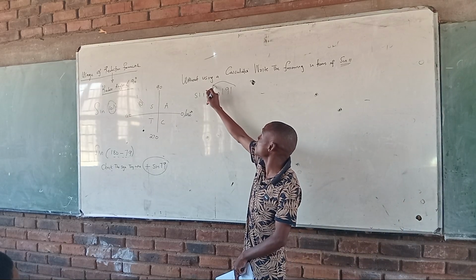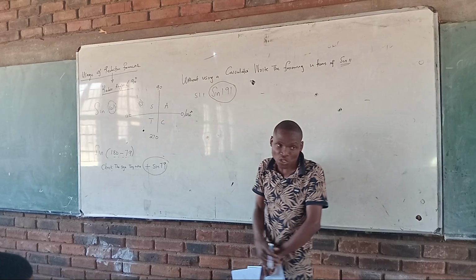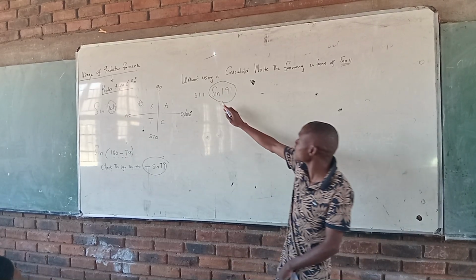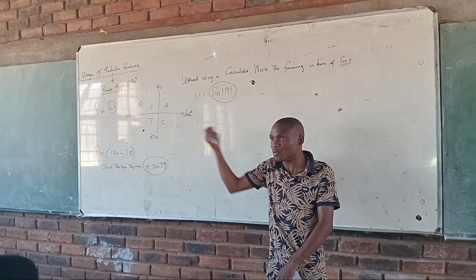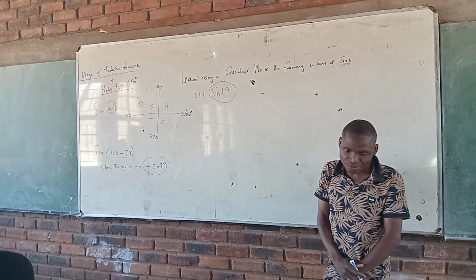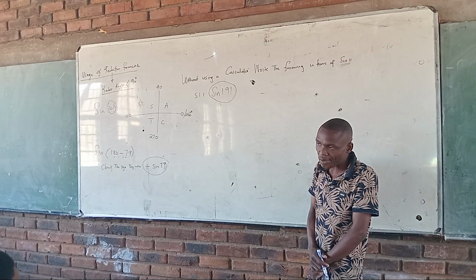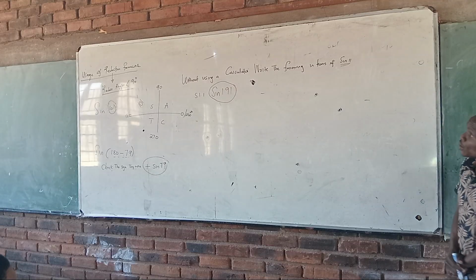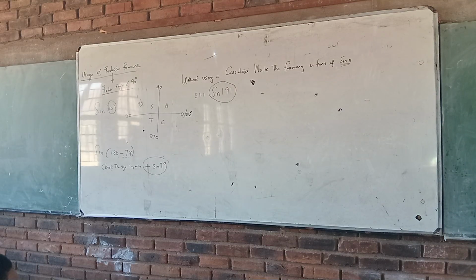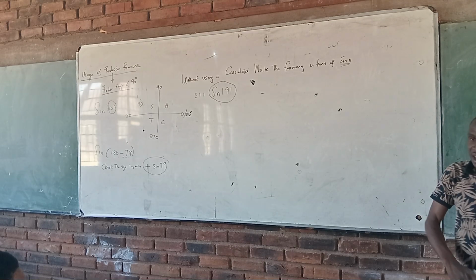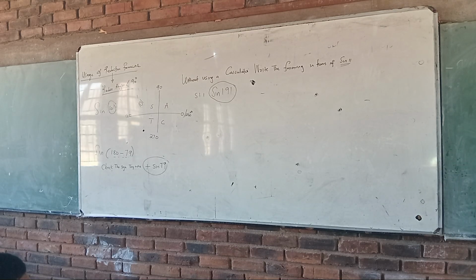The first one is sine 191. They want you to write sine 191 in terms of sine 11.